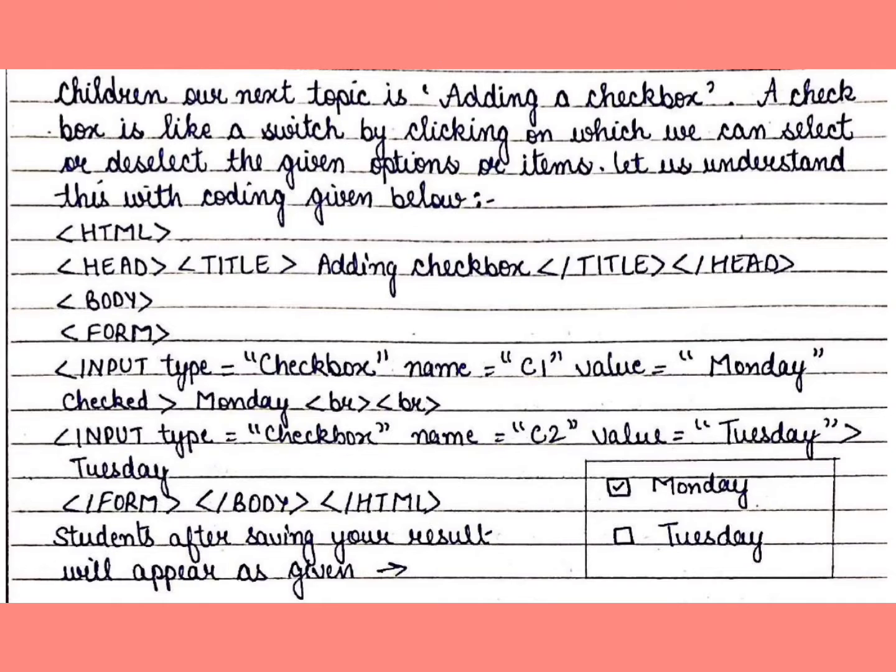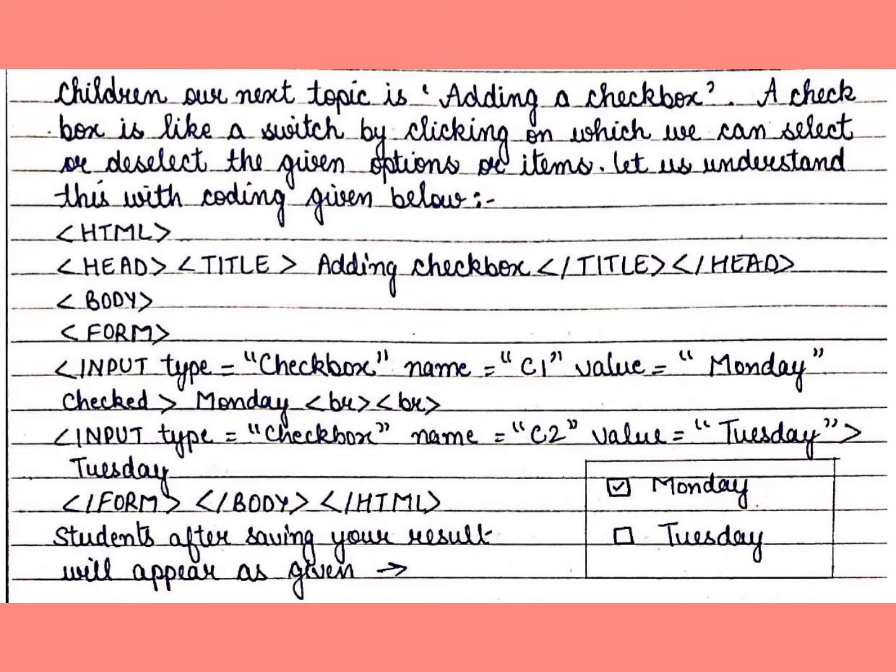Use the HTML tag, then head tag, and after head tag write the title tag. Here adding checkbox is used as a title. Close the title tag and close the head tag also. Now write the body tag under which use the form tag.